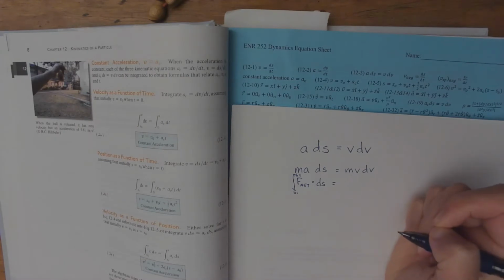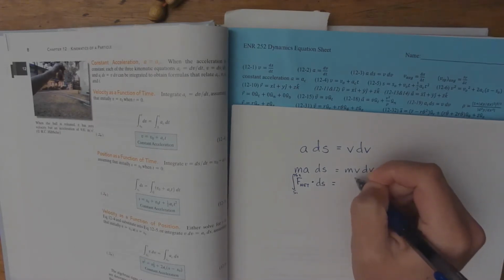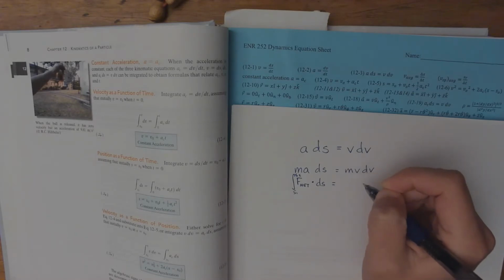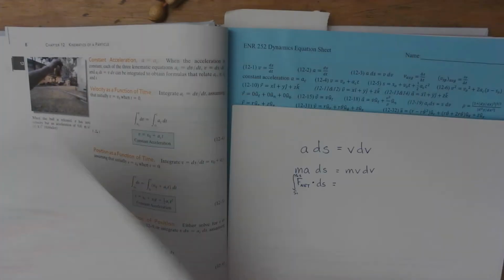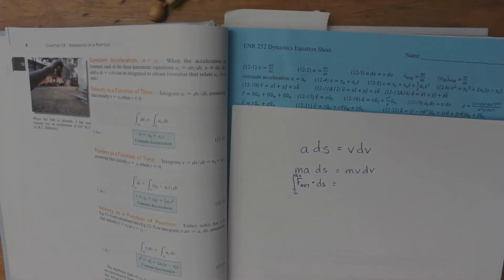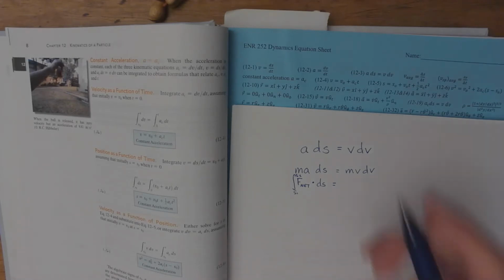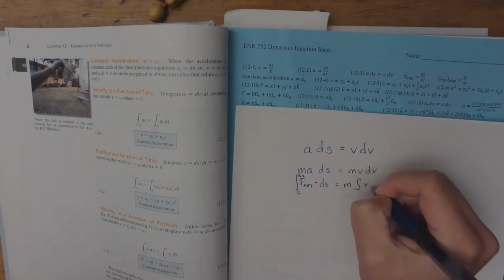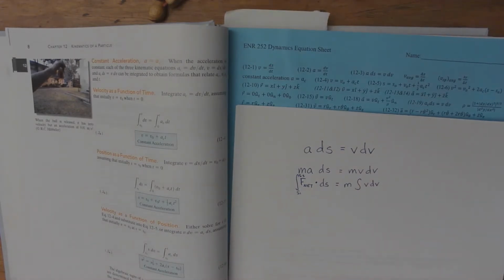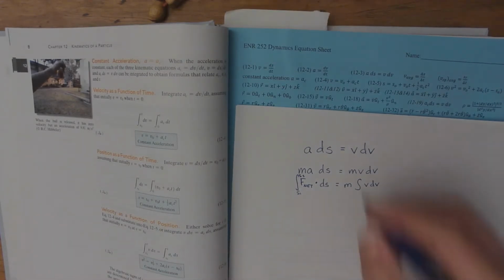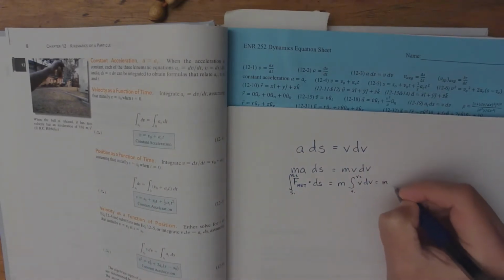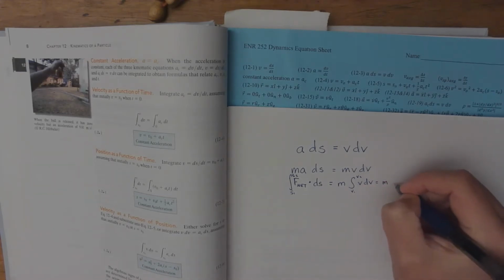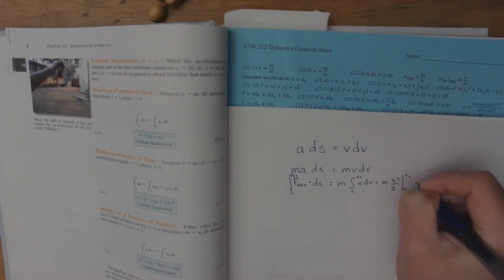On the other side, I can't actually do the integration because the mass, if it's a point particle, isn't going to be changing, because if the mass was going to change, the object would have a size and a shape then. So assuming it's a point particle, we can also assume that the mass is going to be staying the same throughout this. And then if you integrate v dv, no matter what's going on, you'd still get the same thing. So you integrate v, and you get v squared over 2 from v1 to v2.